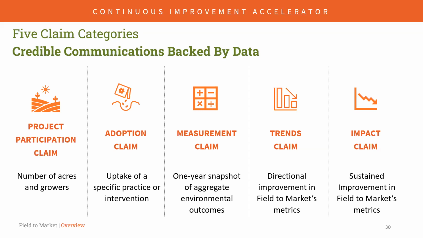You can submit these claims to try to get some recognition out of the project, how it is running, and so forth. Trends claim and impacts claim are more involved. It takes several years of data collection, and sometimes many projects are just for 2 years, and they may not qualify for those more intensive claims. But at least you can get project adoption and measurement claims that are usually 1-year snapshots.